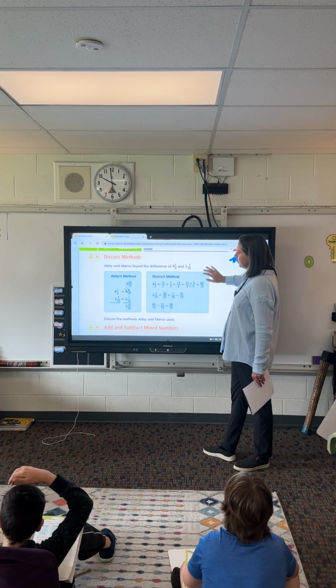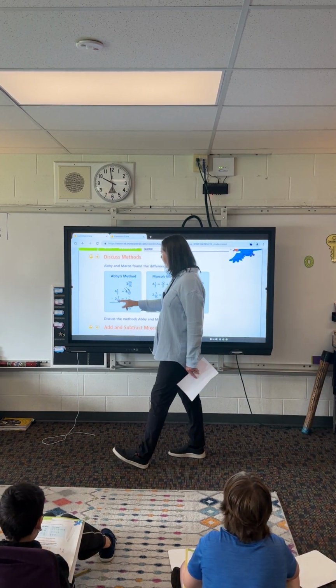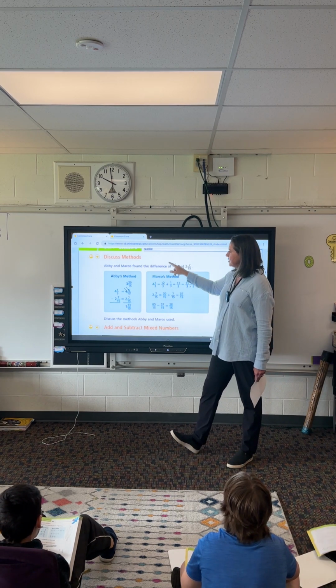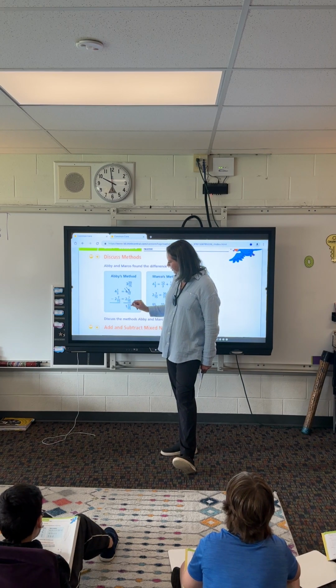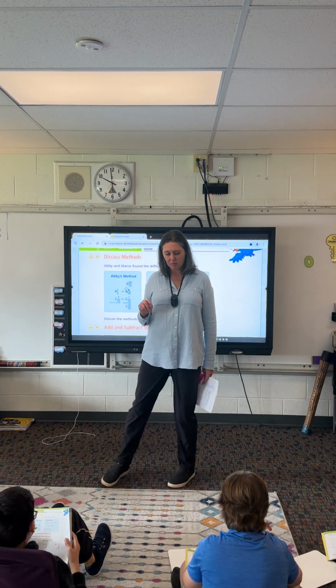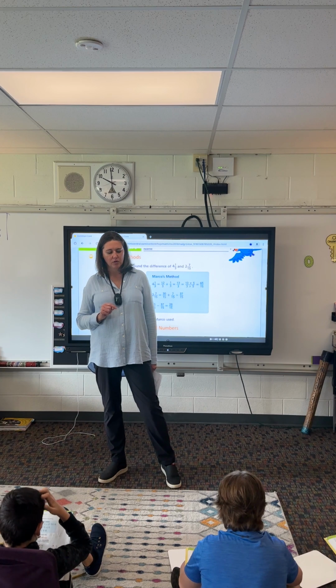Okay, I'm going to give you guys 2 minutes on your own to look at Abby's method and to look at Marco's method. So finding the difference between these two fractions. We have 4 and 1/3 and 2 and 7/15. Take 2 minutes to look in that blue box on your own.